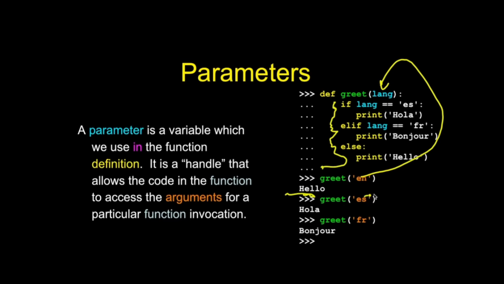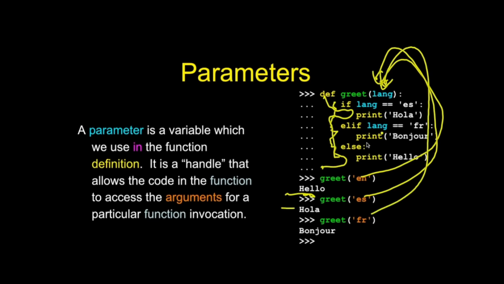And then we call it again, and this time es is lang, and so it runs this code and prints hola, and then next time it calls with this, and then it prints bonjour. You get the idea. So this is a placeholder so that on the successive calls or invocations of the function, we can get at whatever the programmer put in as that first parameter.